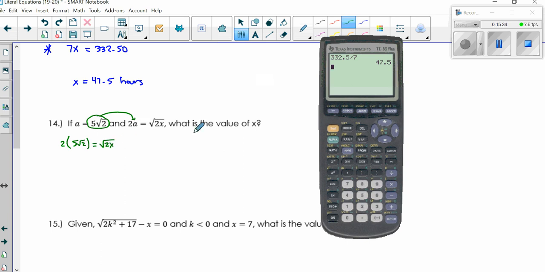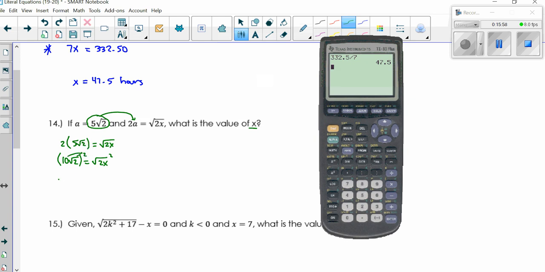And our goal is to figure out what x is. So over here, if I have 2 times 5 root 2, that means I have 10 square root of 2. Instead of 5, I have 10 of them, equals the square root of 2x. I want to get x by itself, so I'm going to square this side. Be careful that you square this whole side. That means that I need to square both of these numbers.